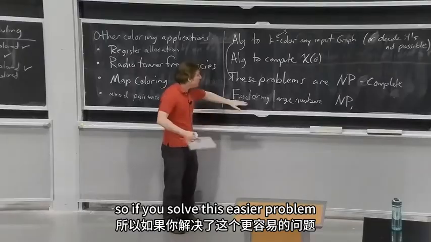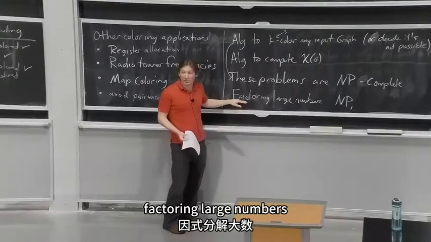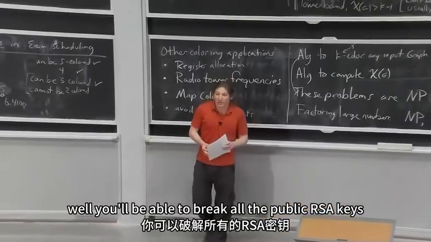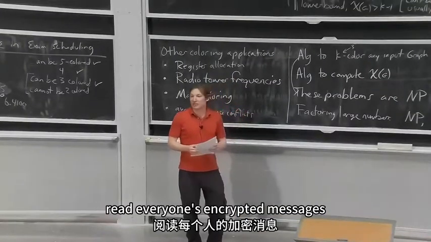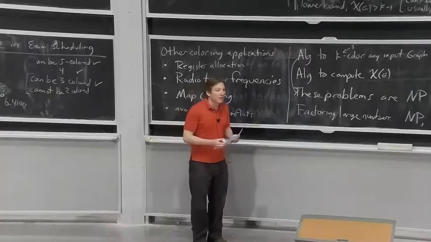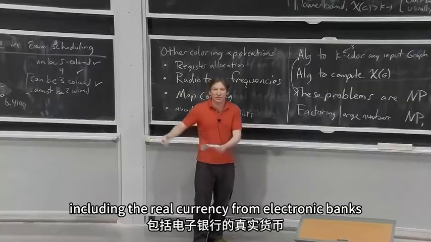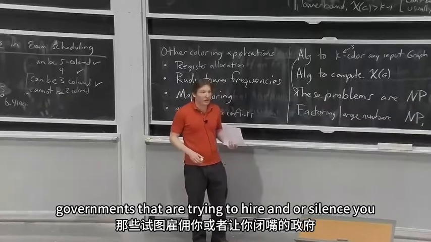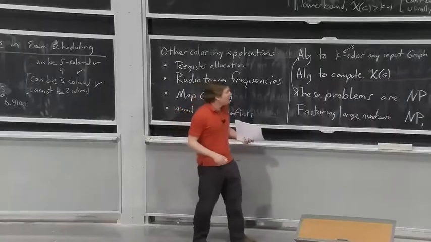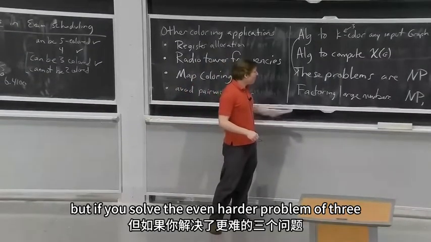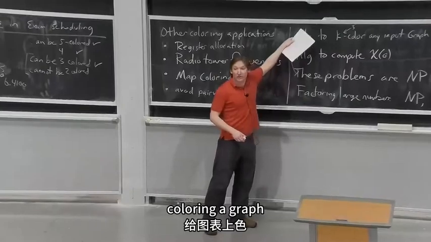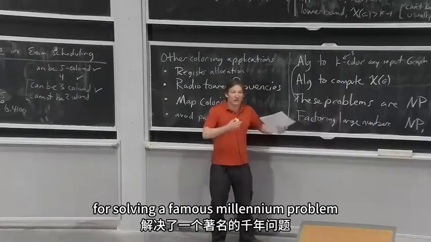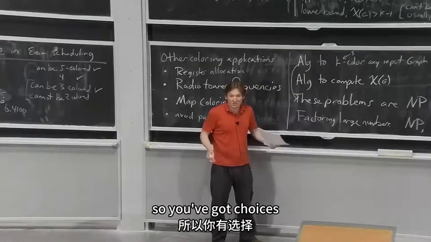So if you solve this easier problem, factoring large numbers, if you find an efficient algorithm for that, well, you'll be able to break all the public RSA keys, read everyone's encrypted messages, steal all the electronic money, including the real currency from electronic banks, run from all of the world governments that are trying to hire and or silence you. But if you solve the even harder problem of 3-coloring a graph, you get all that plus a $1 million prize for solving a famous millennium problem. So you've got choices.